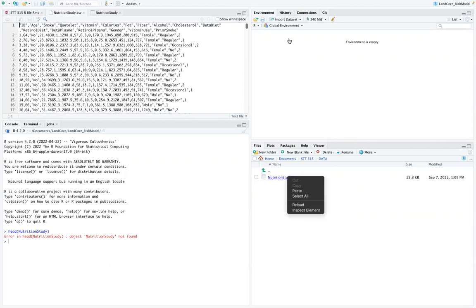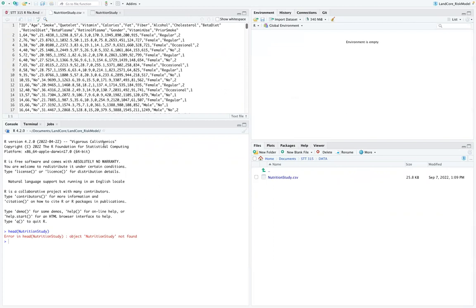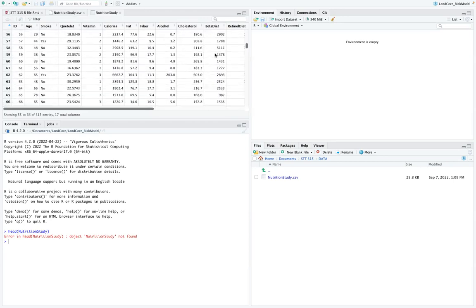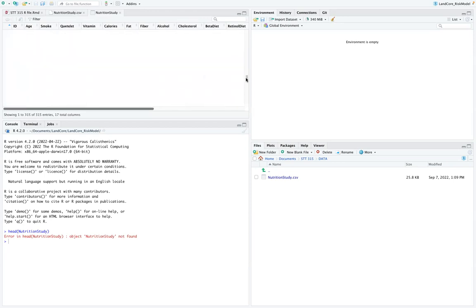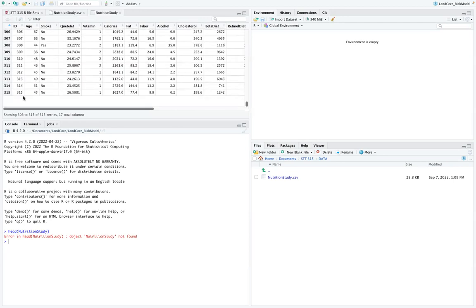Here we go, that's what I wanted. So this is what our data looks like. We have our ID, which goes from 1 through 315.